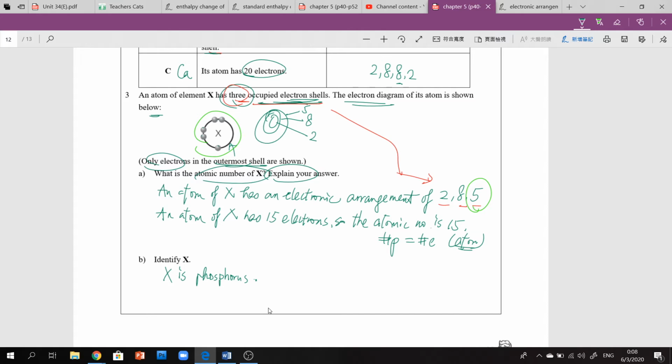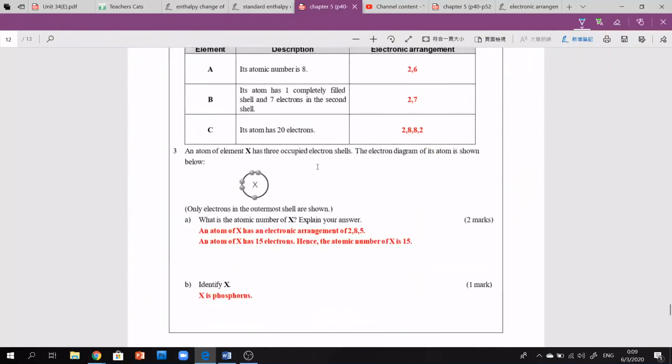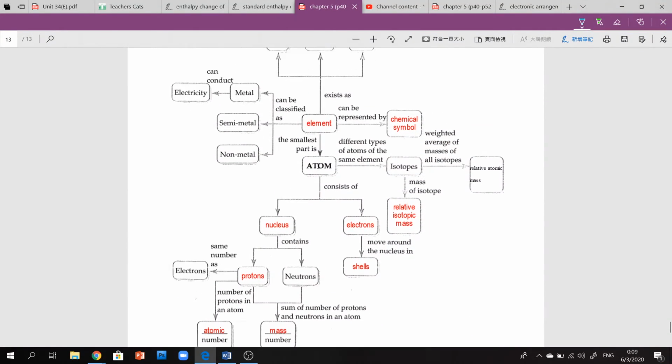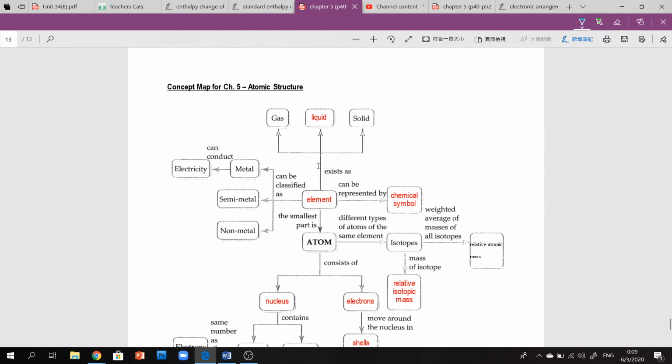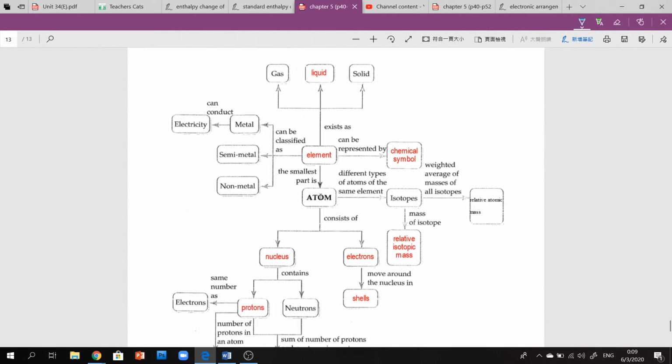If not, I would just like to stop it here for this one. For the whole chapter 5, do you know the concept map? We have got the concept map of the atomic world. The elements can exist as gas, liquid, and solid, while the elements can be classified as metal, semi-metal, and non-metal.